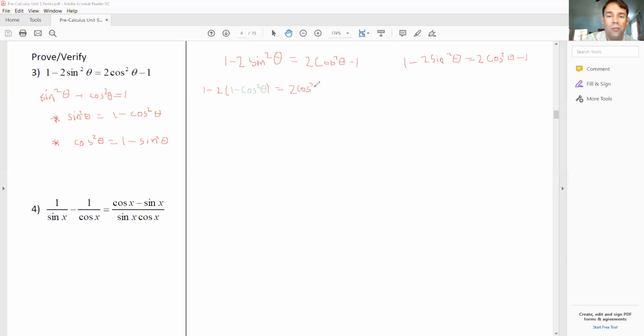And we're just looking for how we make them become identical. Can't touch the right side. Since I'm doing the left, I only get to use the left. So I have 1. I'm going to distribute that 2 in there. So plus 2 cosine squared theta.